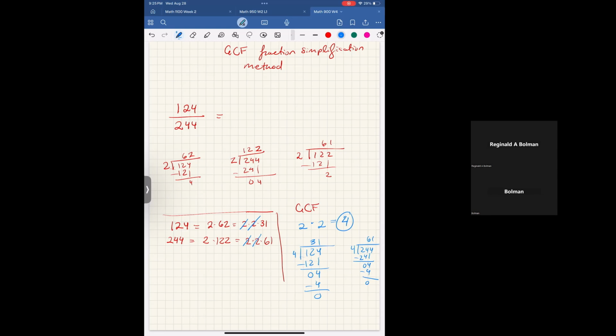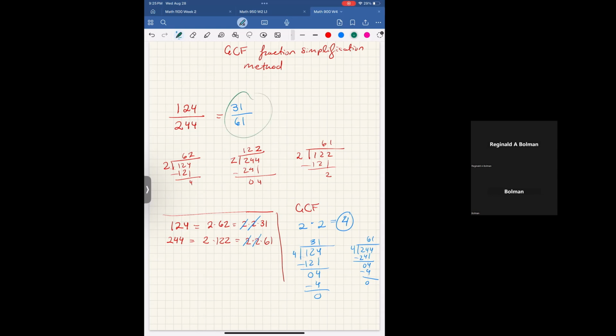And so 4 goes exactly 61 times into 244. Using the GCF method, what this tells you is the numerator of your fraction should be 31, and the denominator of your fraction should be 61. And that would be your answer.